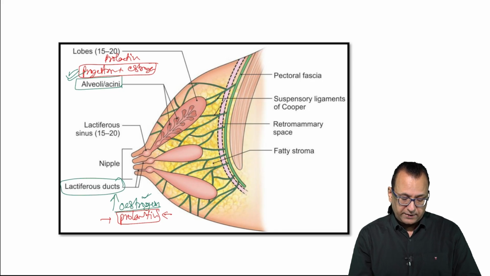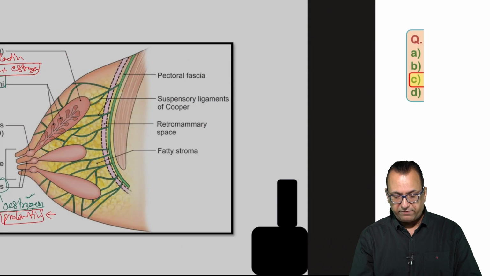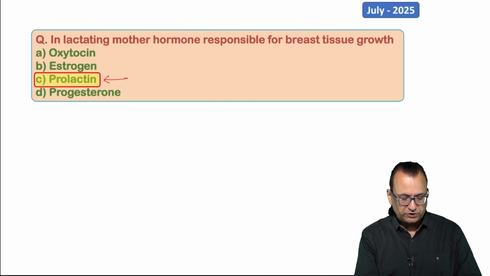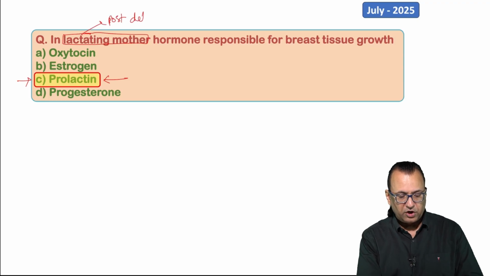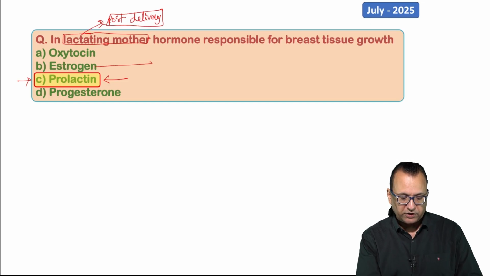So prolactin is also important, that is post delivery. That is why in this question, look at the question, in lactating mother means it is post delivery. Pre delivery, progesterone and estrogen are more in concentration, so they'll be helping, but post delivery estrogen goes down, post delivery progesterone goes down.